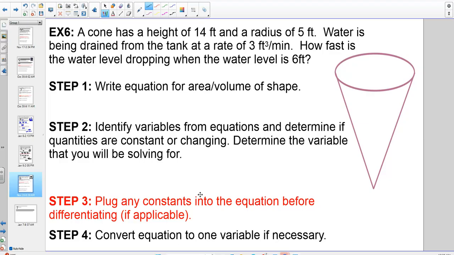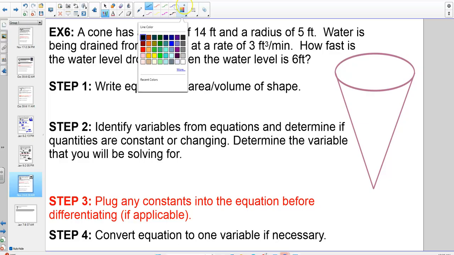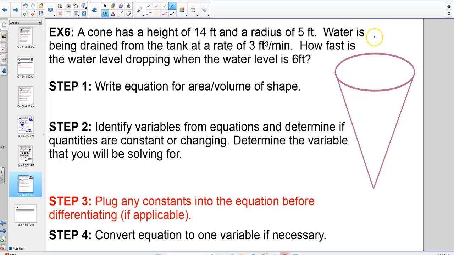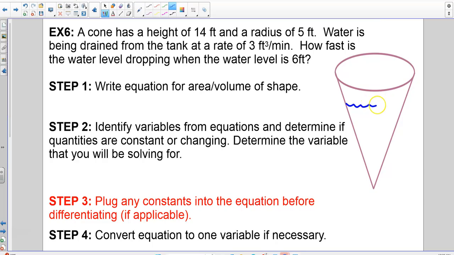So, a cone has a height of 14 feet and a radius of 5 feet. Water is being drained from the tank at a rate of 3 cubic feet per minute. How fast is the water level dropping when the water level is 6 feet? Okay, so in this case, again, much like the cylinder tank, we're draining the tank, but we're concerned with water level, right?